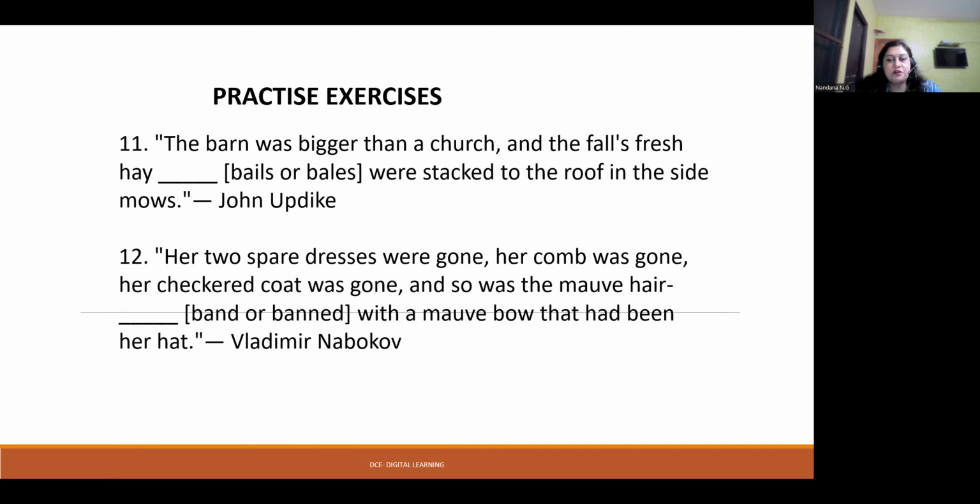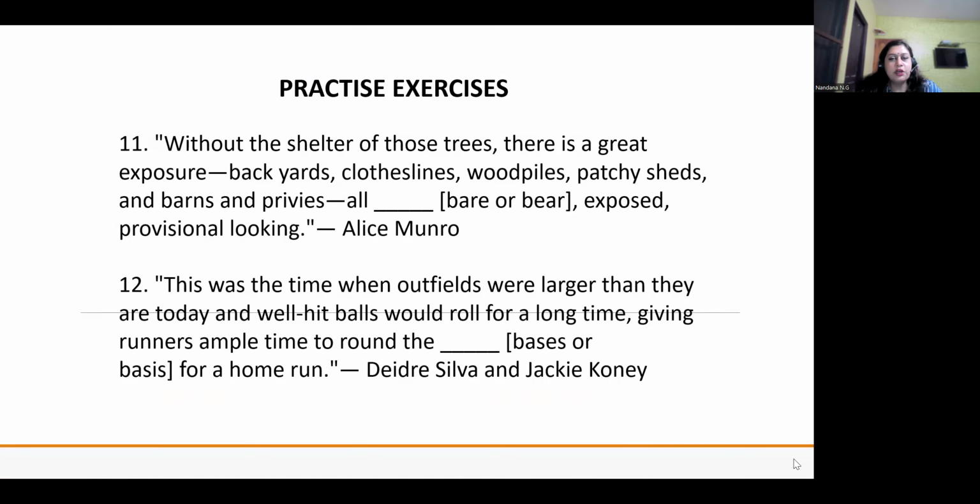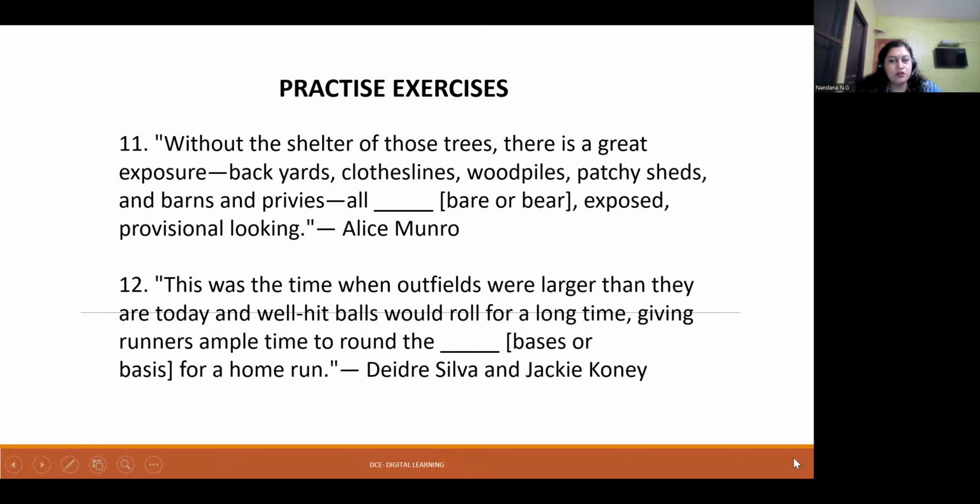Her two spare dresses were gone, her comb was gone, her checkered coat was gone, and so was the mauve hair band, B-A-N-D, with a mauve bow that had been her hat, by Vladimir Nabokov. All this, by now you would have realized, are lines from major works of reputed authors. Without the shelter of those trees, there is a great exposure.